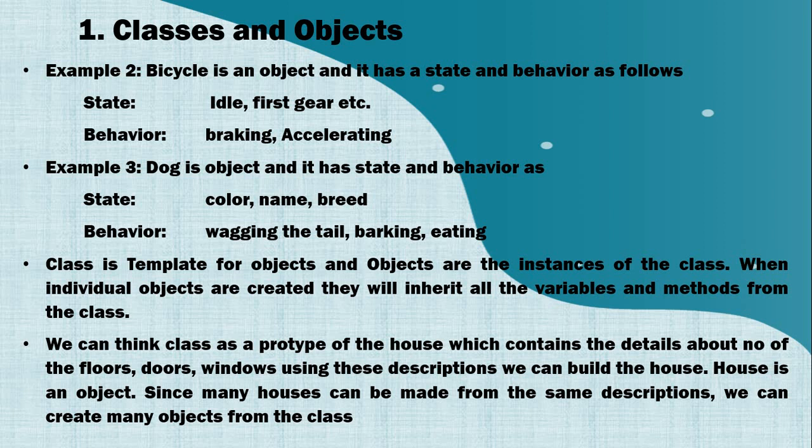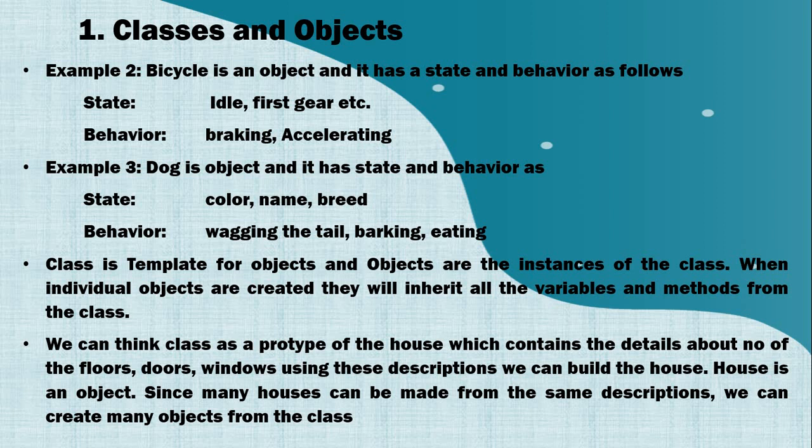The third example is the dog. A dog object has state like its color, name and breed, and behavior like wagging the tail, barking and eating.